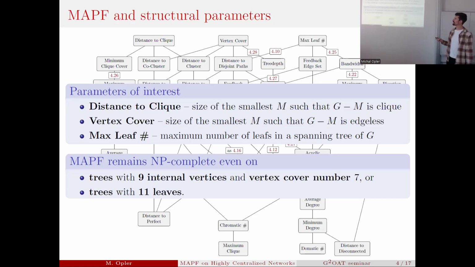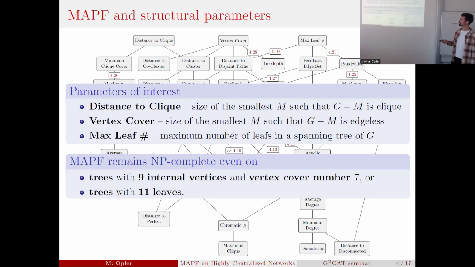We can show that it is NP-complete even on trees that have just 9 internal vertices, so almost everything is a leaf, and vertex cover 7, and also on trees with 11 leaves, which means the tree is almost like 11 paths joining somewhere. So even in these extreme cases, the problem remains NP-complete.